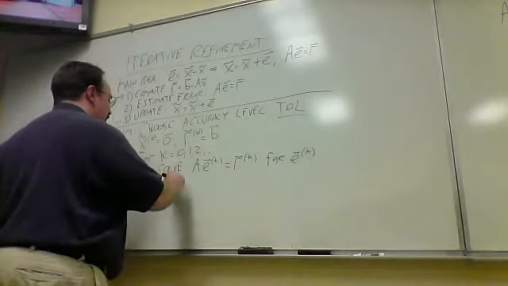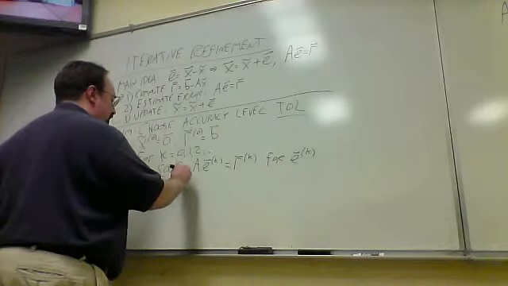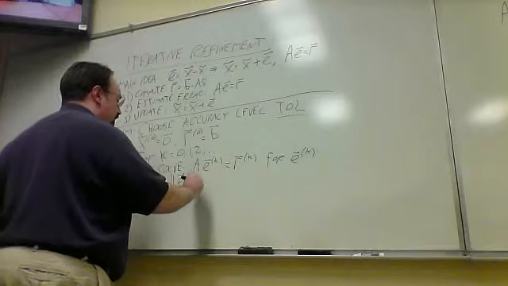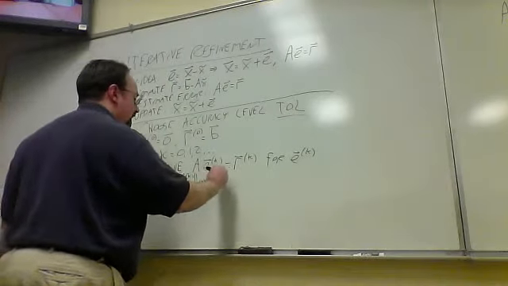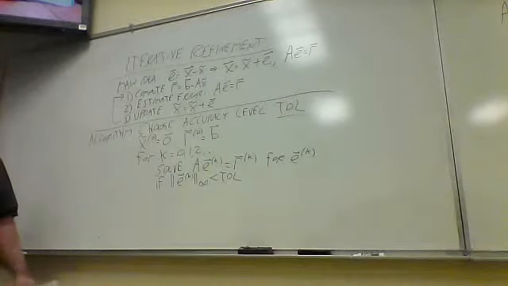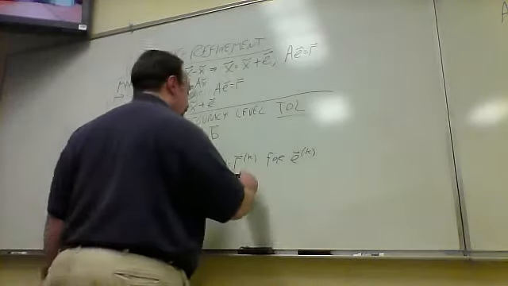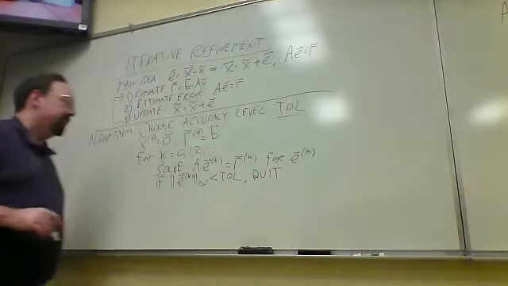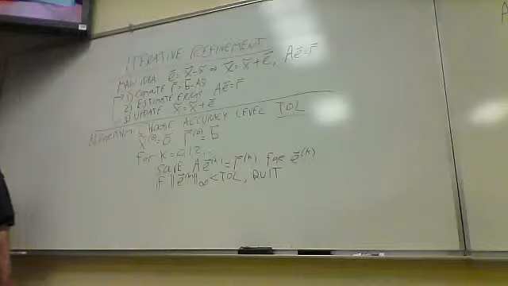So if the norm, and we can use any norm, but we'll go ahead and use the infinity norm here. So if the norm of the error is small enough to our satisfaction, then we'll stop. We'll go ahead and quit this loop immediately. Or in MATLAB, you use a break statement.